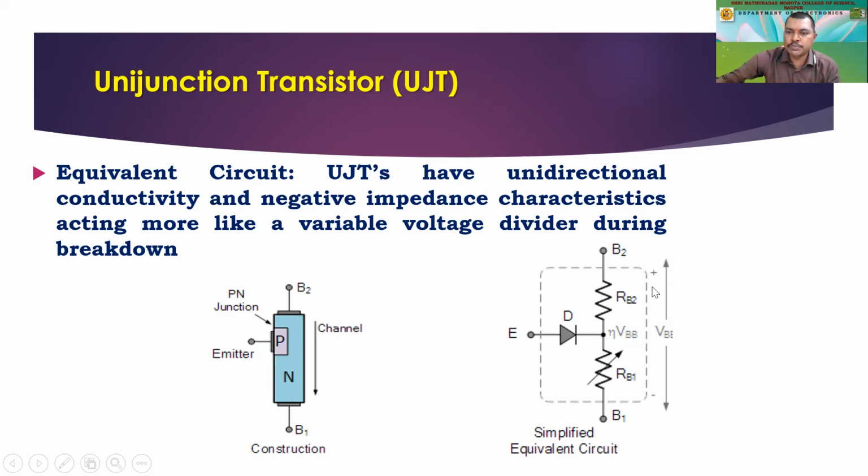The output voltage VO, taken across RB1, can be written as VO = RB1 / (RB2 + RB1) × Vin. So this is the equation for the potential divider or voltage divider network.